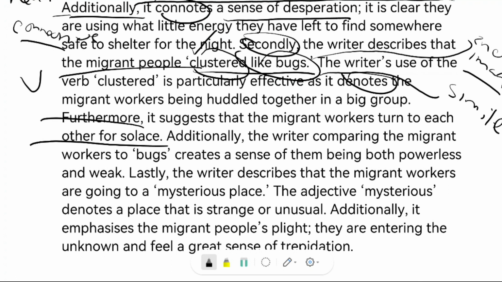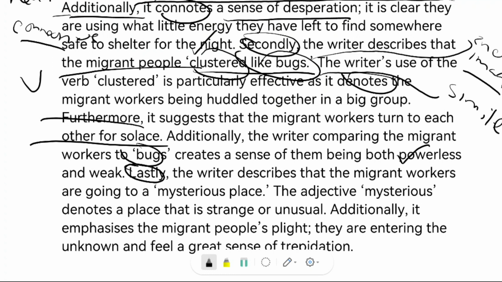Additionally, the writer comparing the migrant workers to bugs. So this is my exploration of the simile. So I'm not just treating it as one image, I'm looking at both parts of the image, and that's going to really get you into that next grade bracket. Creates a sense of them being both powerless and weak.